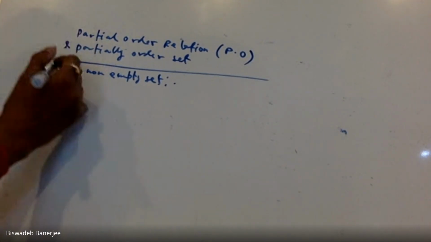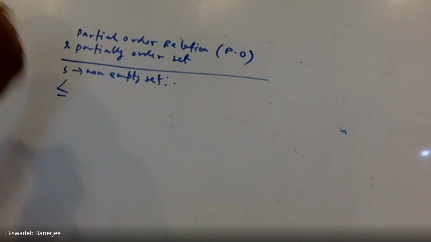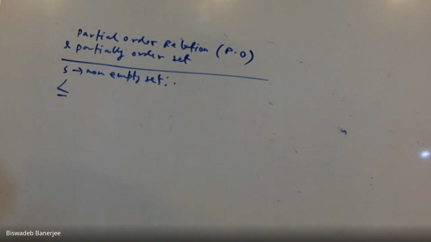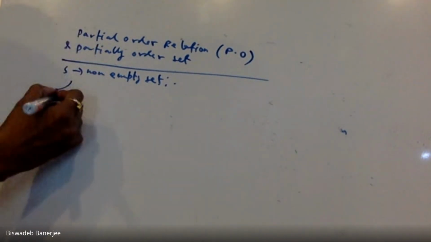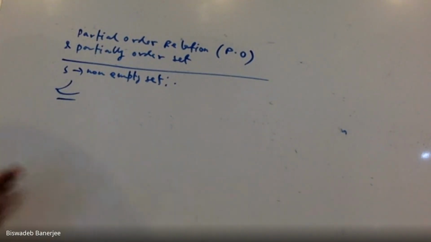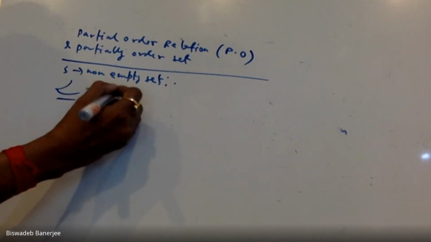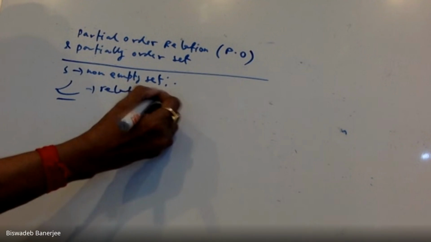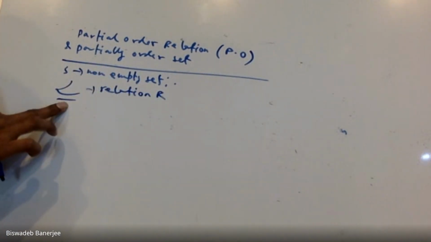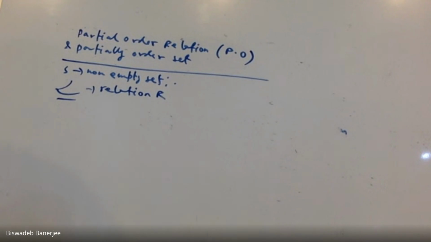we define a relation, there is a notation of the relation. This looks like less than equal to but it's not exactly less than equal to. Just to make a distinction between them, we write it like this. It looks like less than equal to. There is a sign, a symbol.